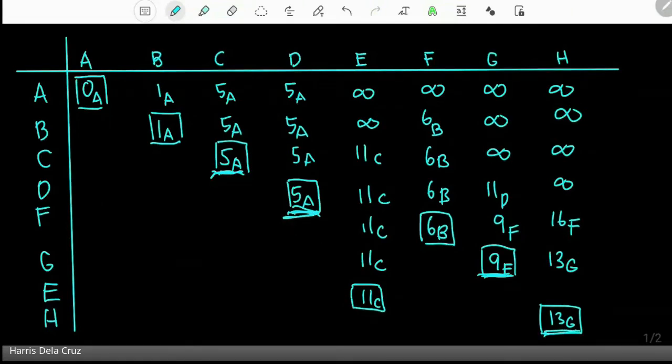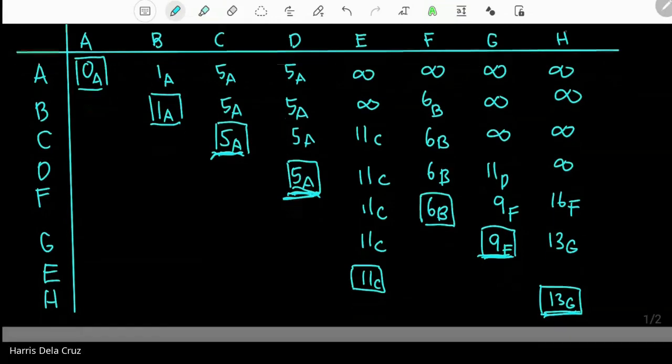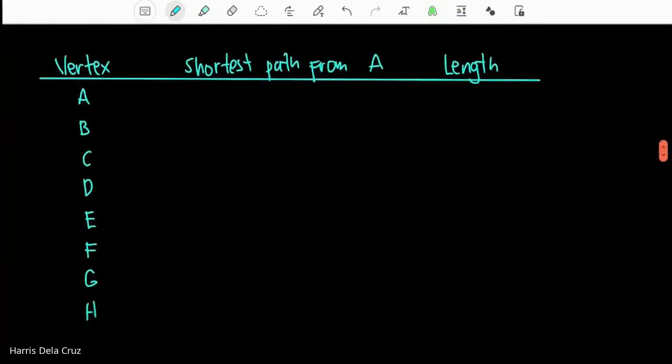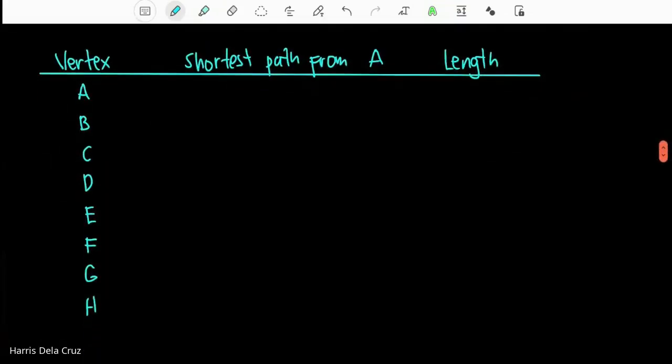Now if we want to summarize this information, we can list all the vertices and the shortest path from A. The shortest path from A to itself, of course, is A to A, and that has length 0.